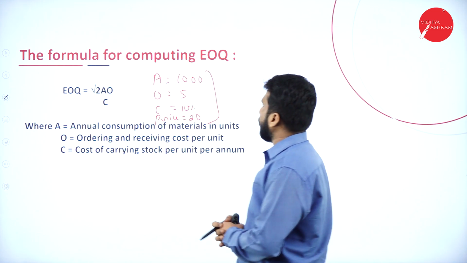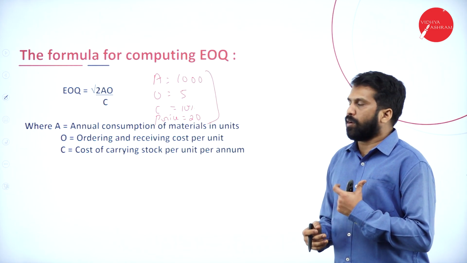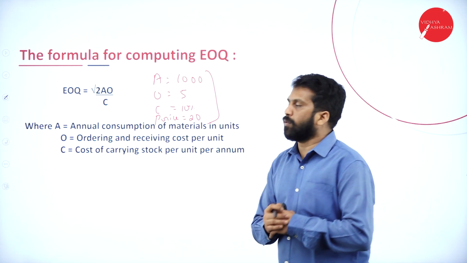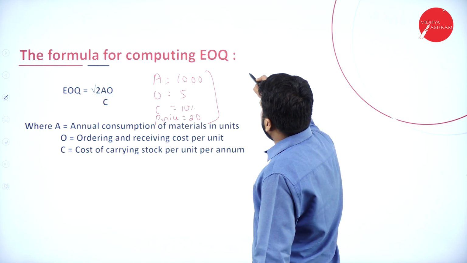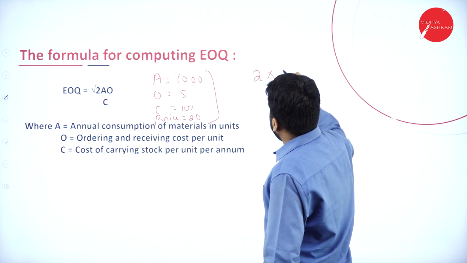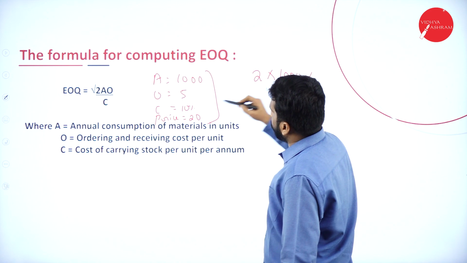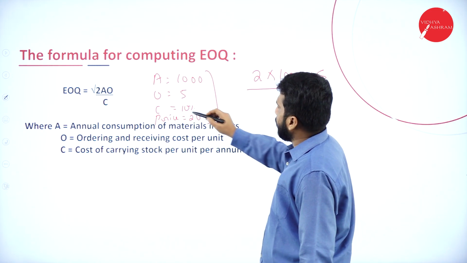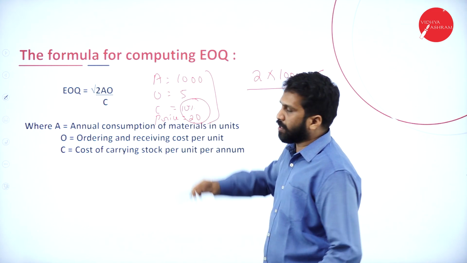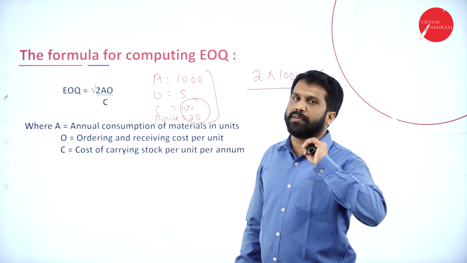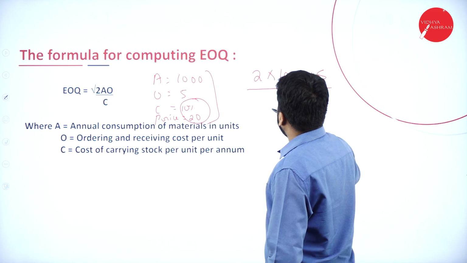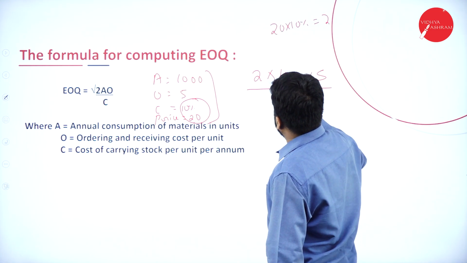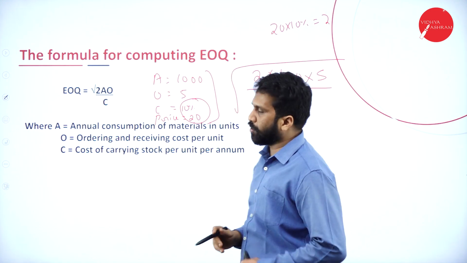Your question will be like this: annual consumption, ordering cost, carrying cost, as well as price per unit. How to do? You know the formula. 2 into A, that is 1000, into O, that is 5, divided by C. C is what? 20 into 10%. How much? It will be 2 rupees. This much only is your formula.